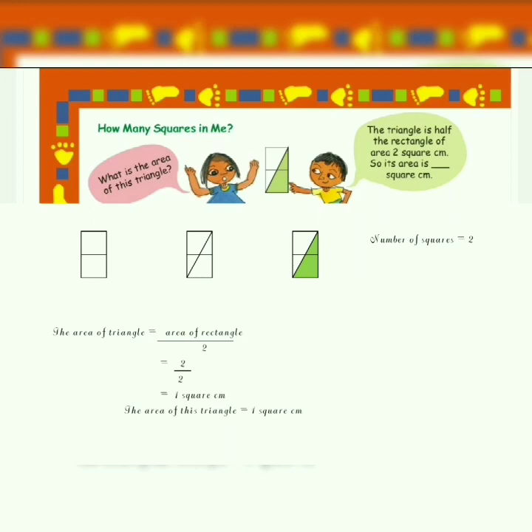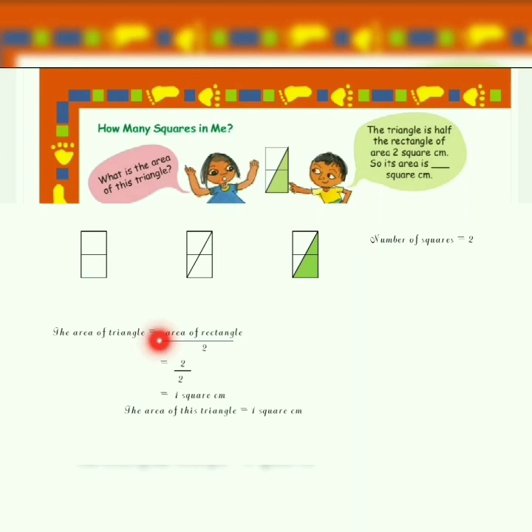Okay, you have to draw this final diagram. Then we will write number of squares is equal to 2. Then the area of triangle is equal to area of rectangle divided by 2. This detail is already given. If you are confused, then you can write here that area of rectangle is equal to 2 square centimeter, as a detail.